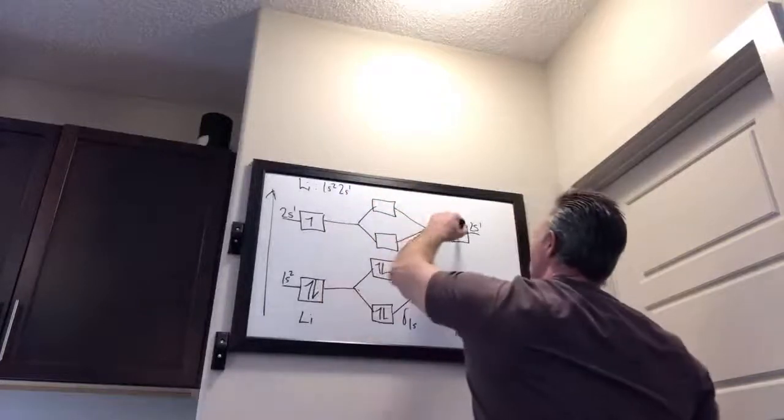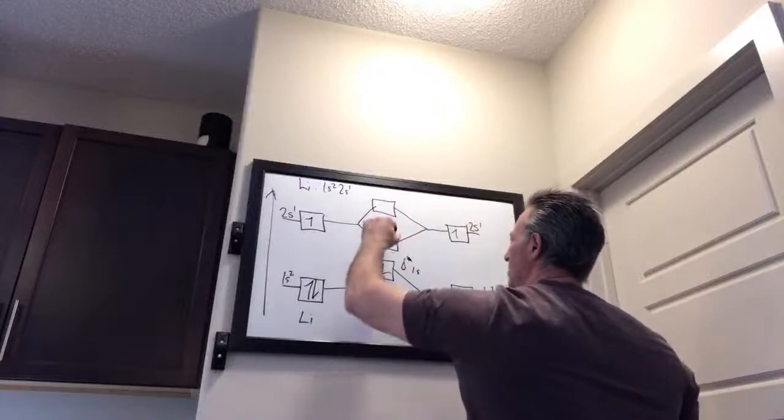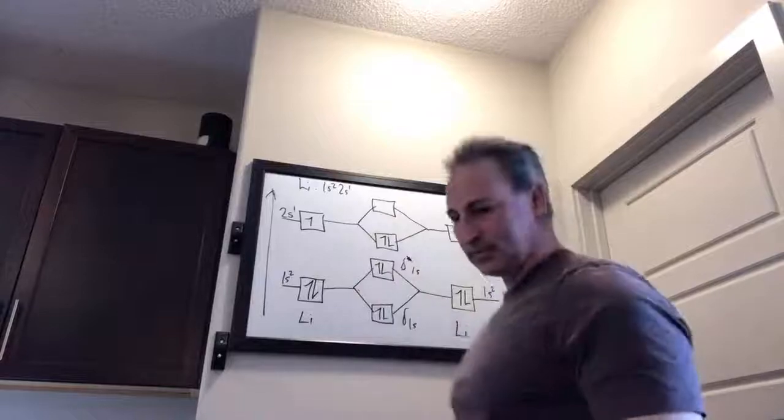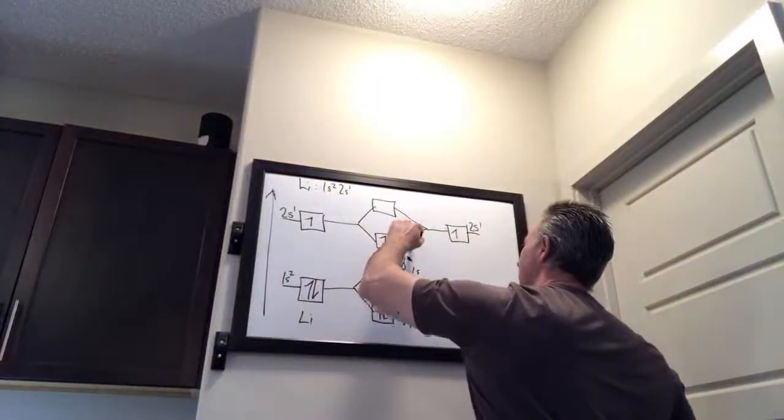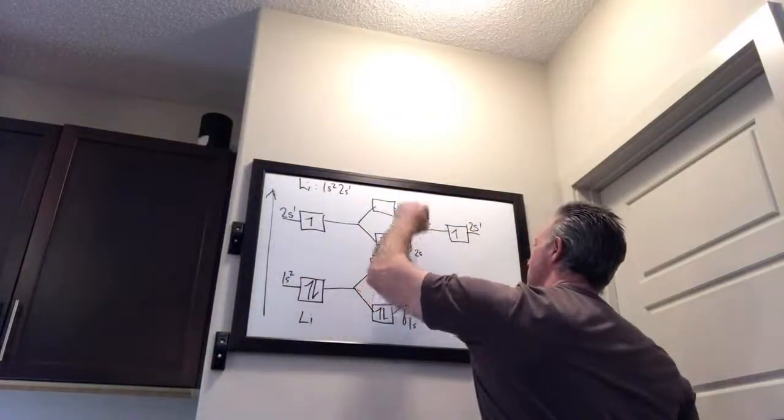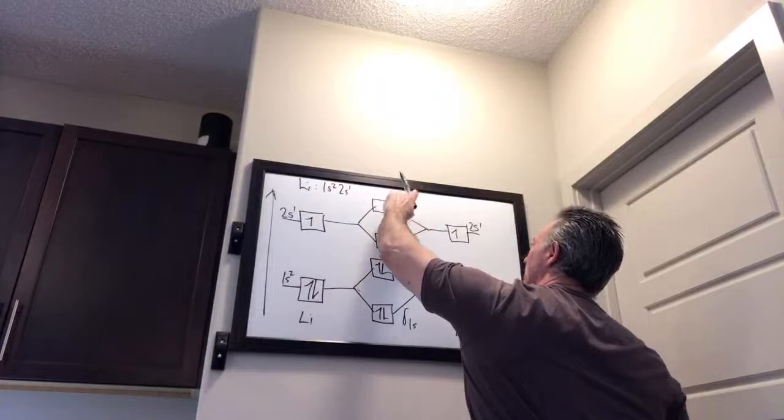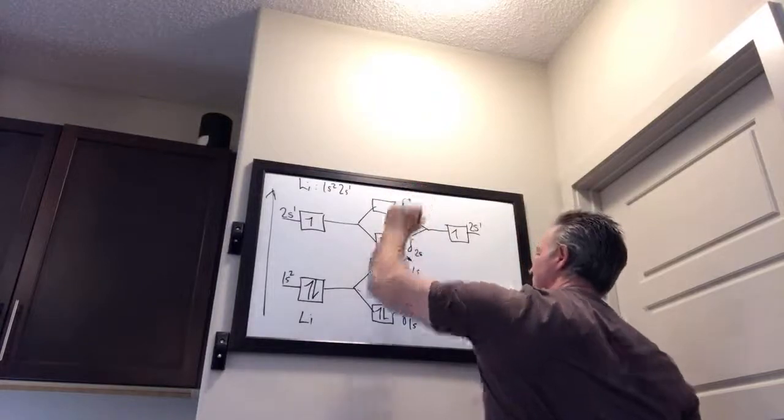But there's only 2 electrons available. So what's going to happen is you're going to have one up and one down in the bonding orbital. The anti-bonding orbital is going to remain. So this is going to be the sigma 2s, and the sigma star 2s is going to remain empty.